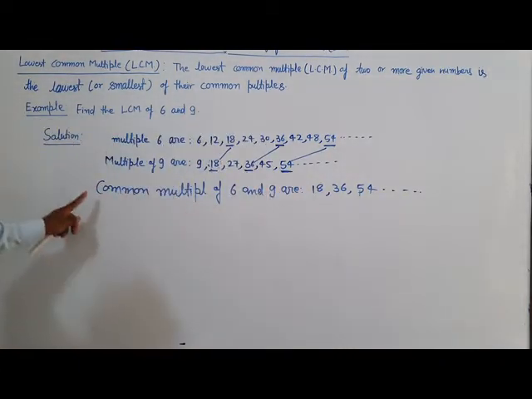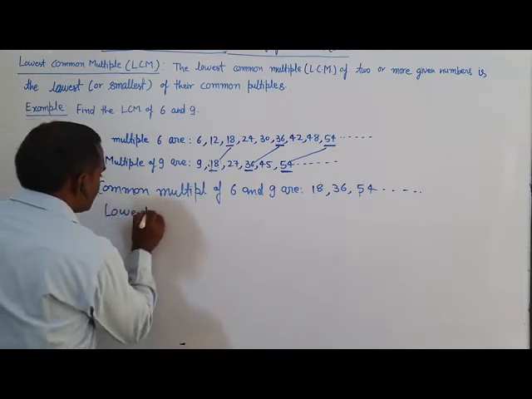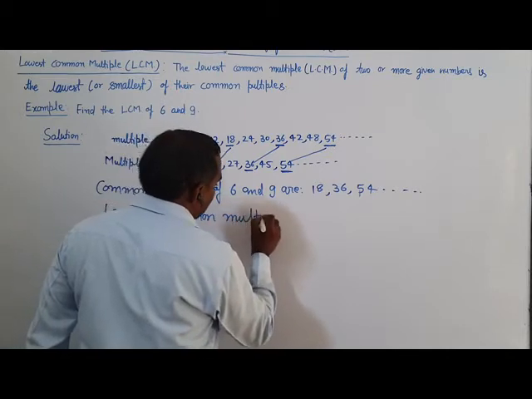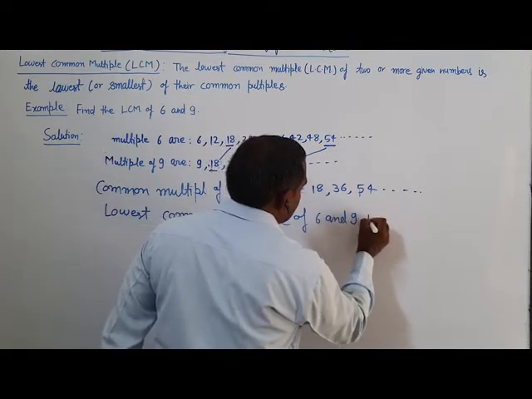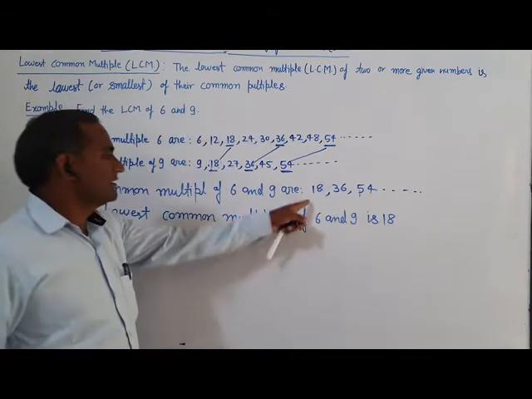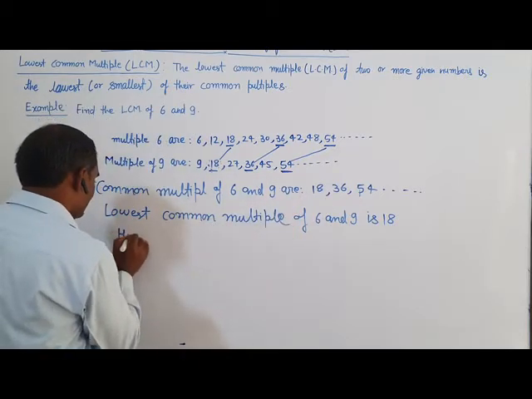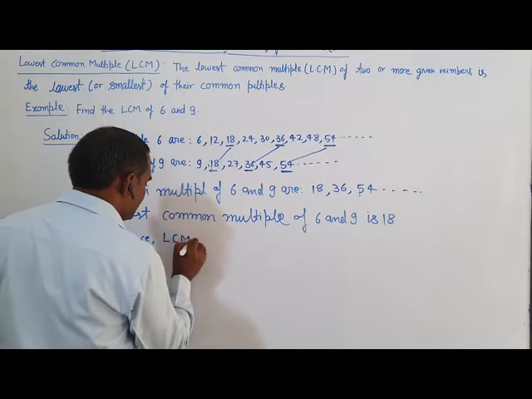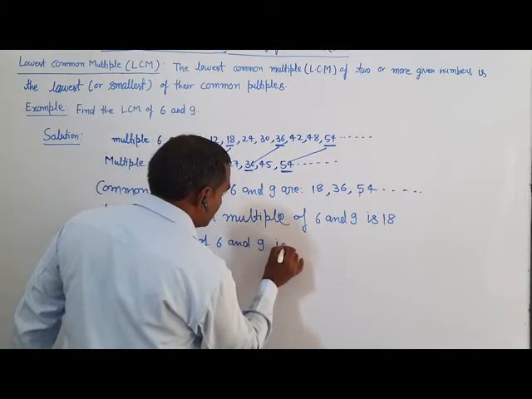So the lowest common multiple of 6 and 9 is 18, because this is the lowest common multiple of 6 and 9. So hence, the LCM of 6 and 9 is 18.